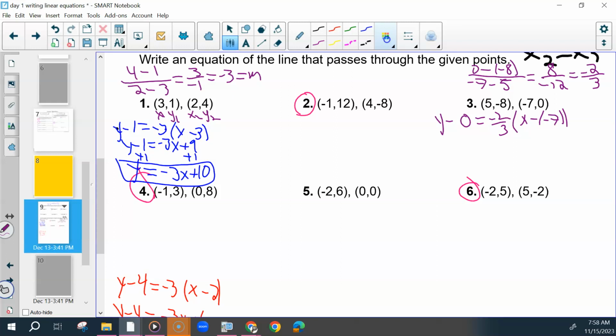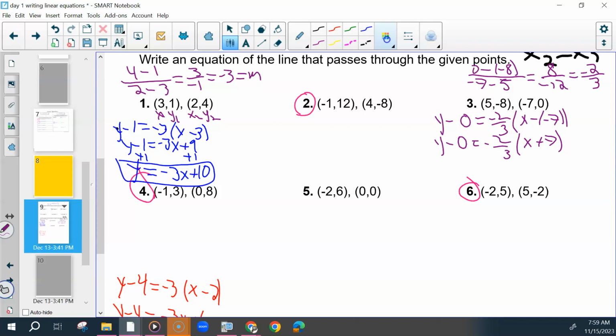So when we were doing these problems and we had a negative, either with the y or in the x, I said you have to change that first, make it a plus before you do anything else. So before you distribute, you have to change that to a plus. If you start to distribute and you haven't changed it to a plus, you're going to end up with the wrong answer. When we distribute this, we're going to end up with a fraction.